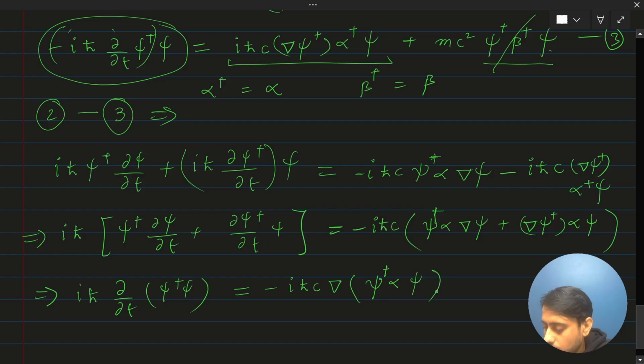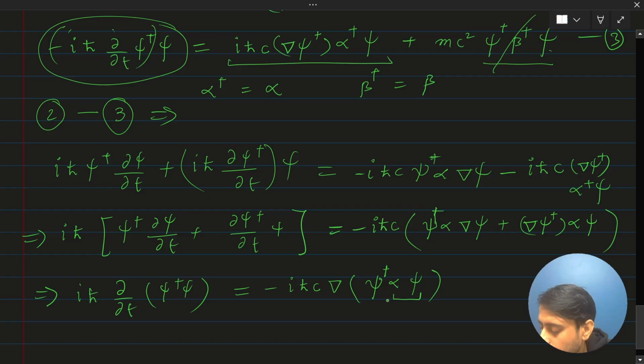You can check this by taking this as the first term and this as the second term. When you differentiate, let me do this for you.